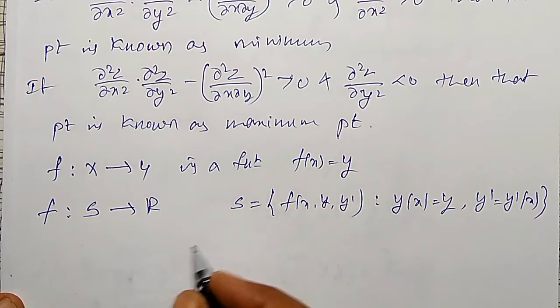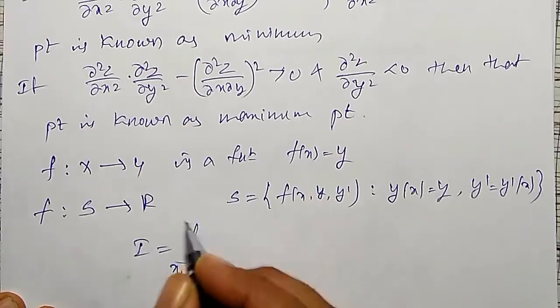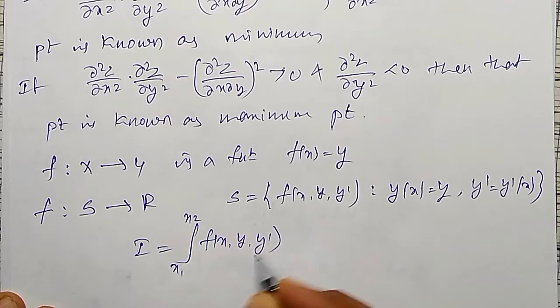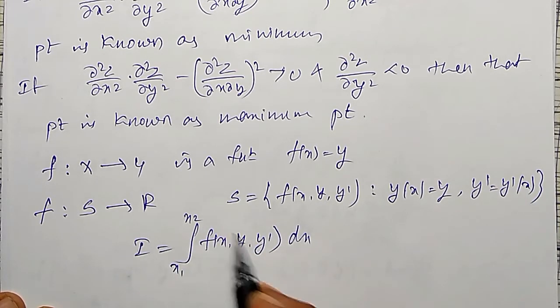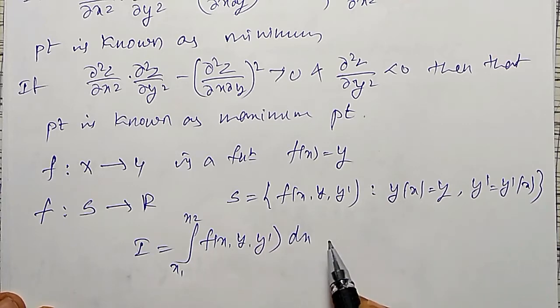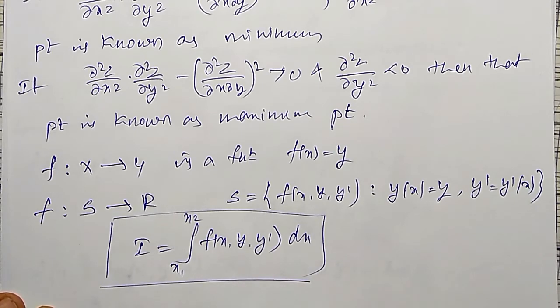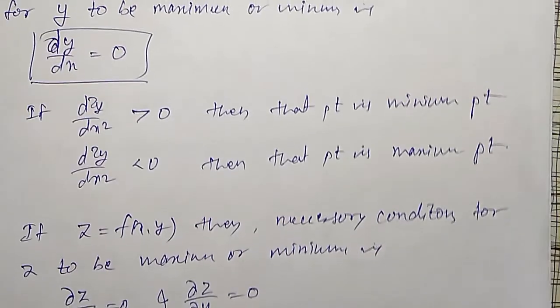Say I is equal to integration from x1 to x2 of f of x, y, y dash dx. After integration it is going to give you a real number. Such functions are known as functionals. All these things I am going to discuss in detail, one by one, again.